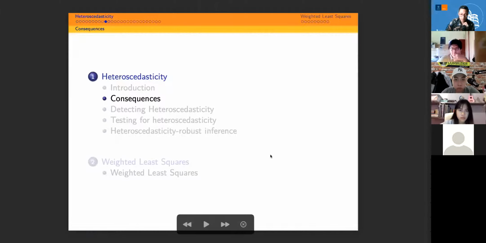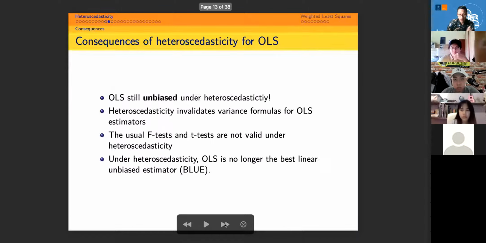Before we go into the detection of heteroskedasticity in the data, I'm going to discuss a little bit about the consequences of heteroskedasticity. Okay. Please recall that in estimation of OLS, there are at least two sets of parameters that we're interested in.